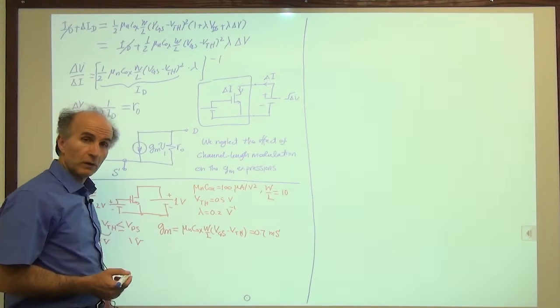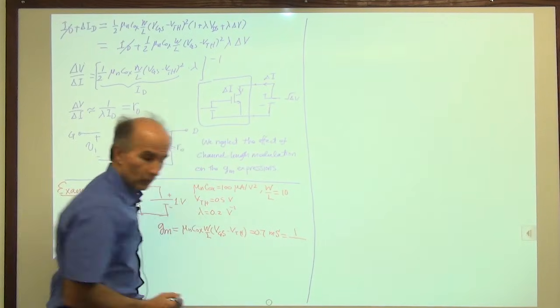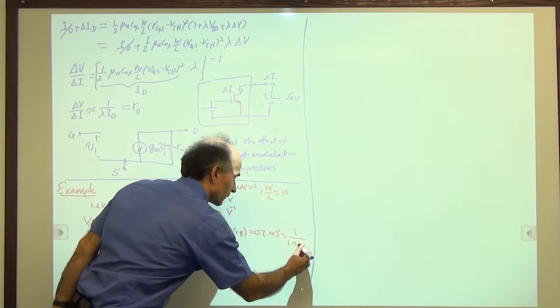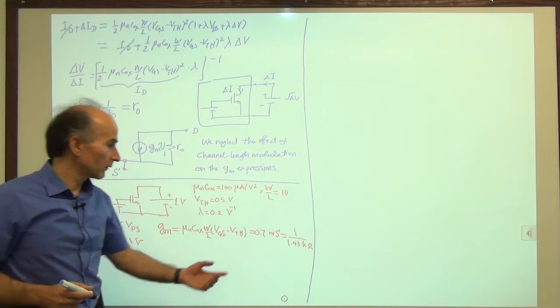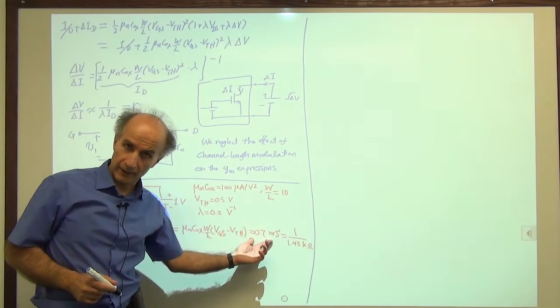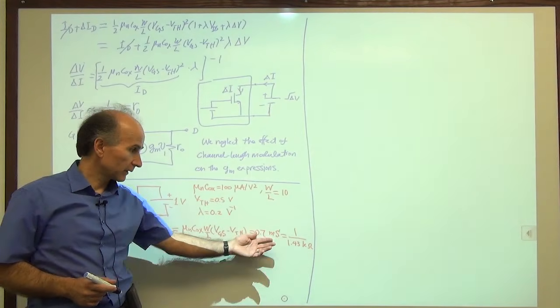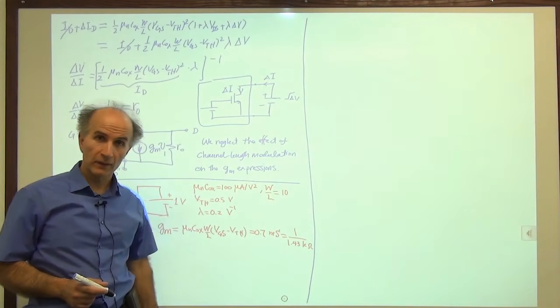You can also just invert this and write it in terms of ohms. So we get 1 over gm equal to 1.43 kilo ohms. This is a relatively low transconductance for a MOSFET. Typically, in our designs, the transconductances will be higher than this, or this resistance will be lower.